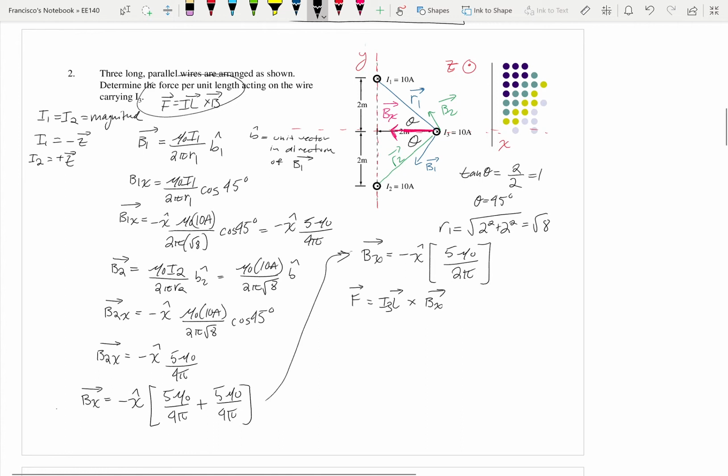So the force, yeah. You know what? Let's write the general formula and then we'll move on. So we want to know the force per unit length acting on the wire carrying I3. So we know the magnetic field at I3 is described by this Bx here, and we know that the wire carrying I3 is in a negative z direction.